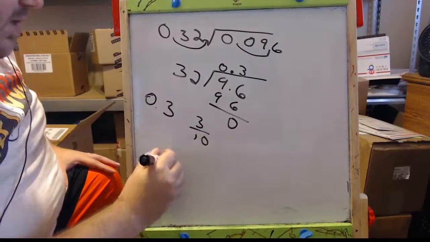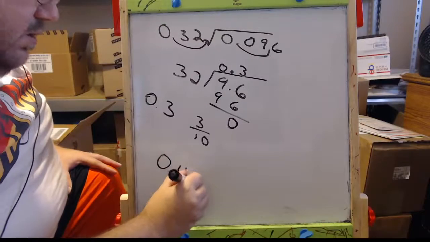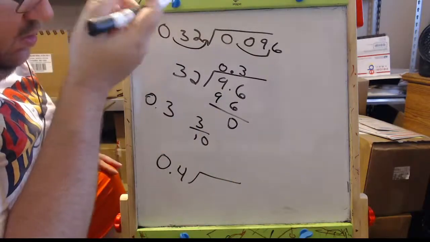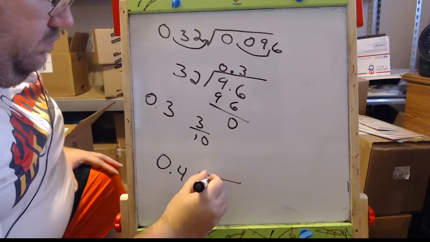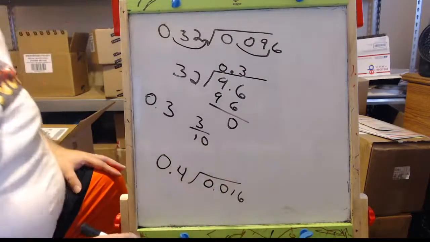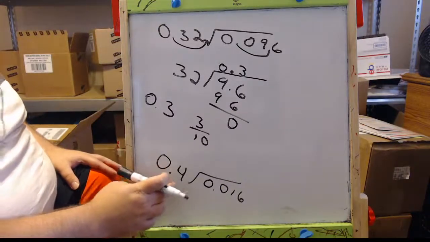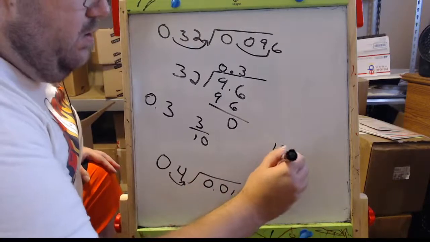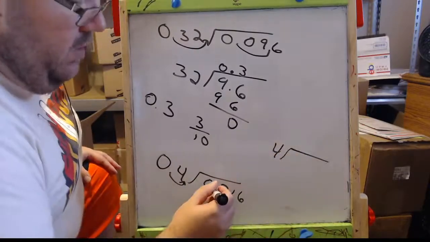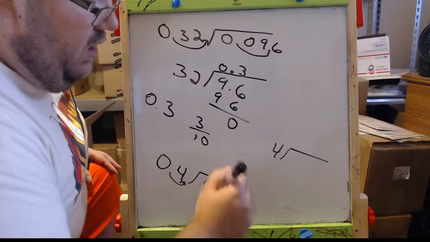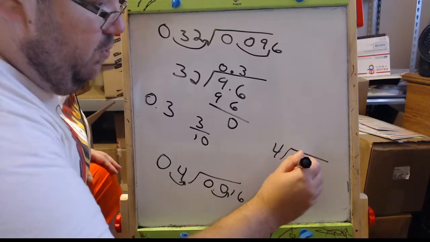So if I had something like 0.4 divided into 0.016, make this a whole number, so move the decimal one to the right, 4. Move the decimal in here, got to do the same. Can't change it, got to do the same. So it'd be 0.16.